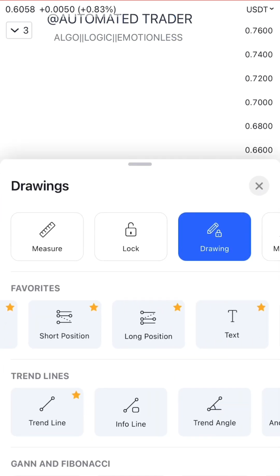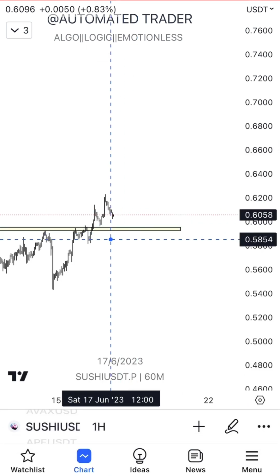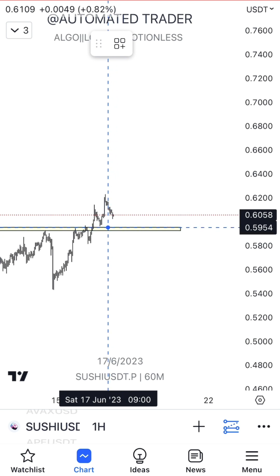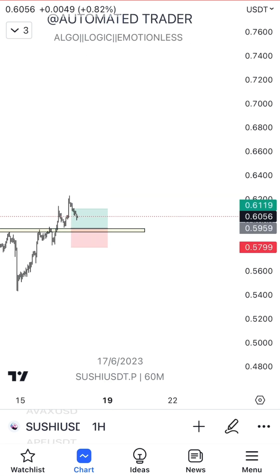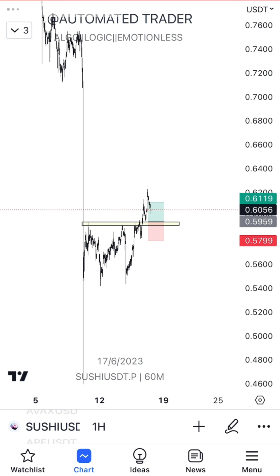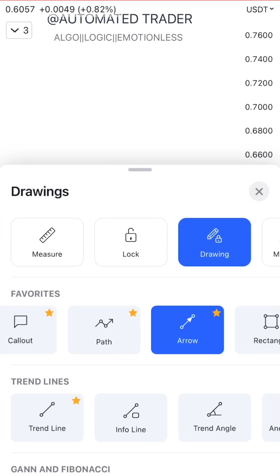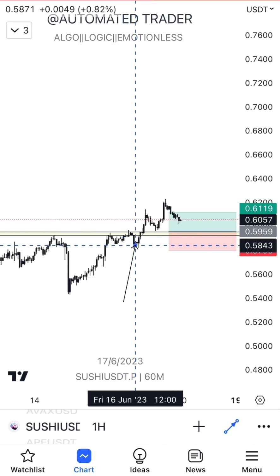Doing the analysis, I get a long position on this. Now notice that I could have placed my entry here.